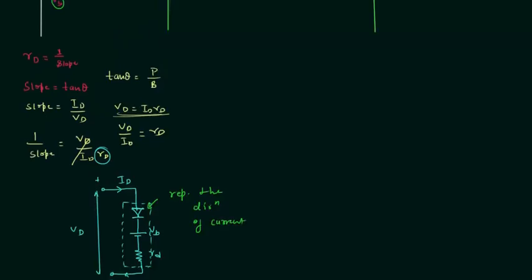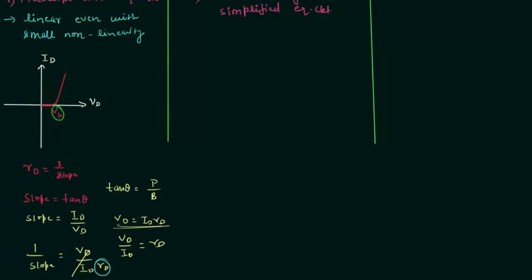So let's try to find the diode resistance. I will take one example in which at 0.8 volts the diode current is 10 milliampere, and we have to find the diode resistance RD. It is very simple. RD is equal to 0.8 minus 0.7.